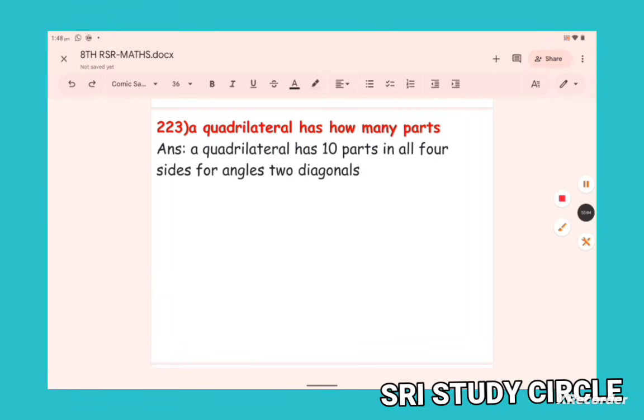A quadrilateral has how many parts? A quadrilateral has 4 vertices, 4 angles, 4 sides, and 2 diagonals.